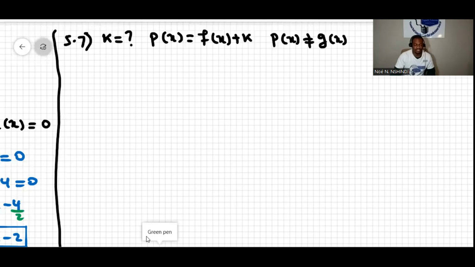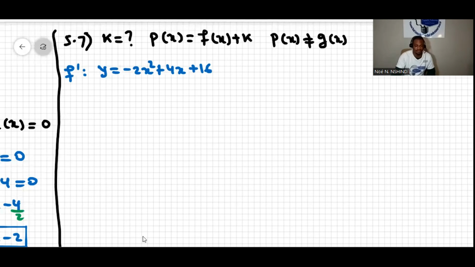Now let's find those values. So f of x is given by y equal to, we had f of x, y equal to negative 2x squared plus 4x plus 16. Okay, this was f of x.